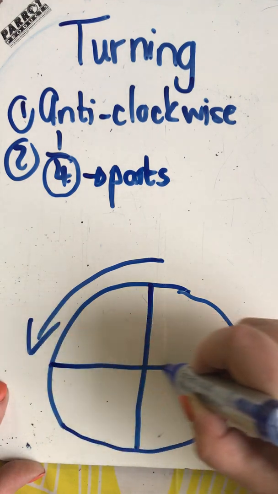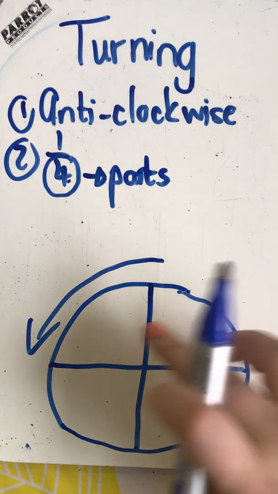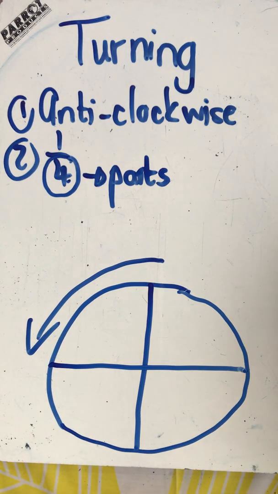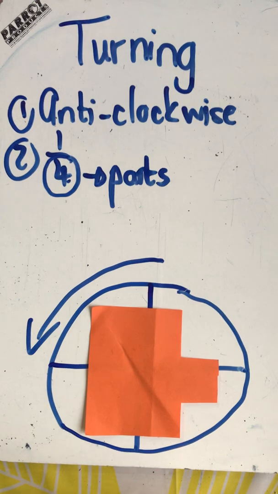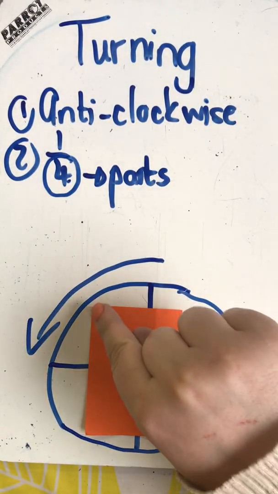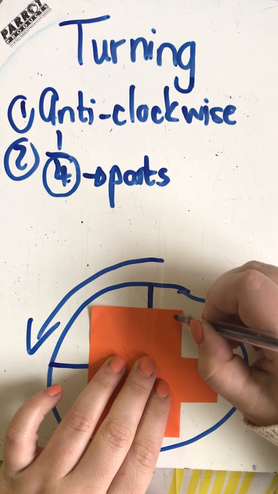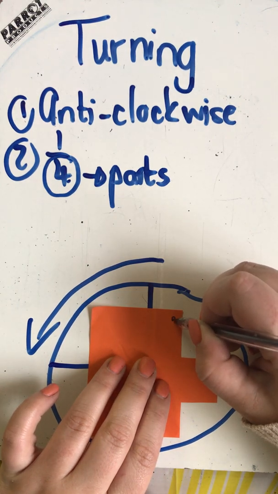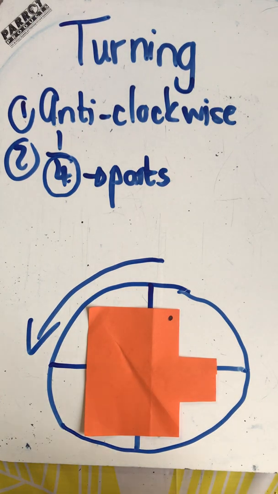So, 4 equal parts. So here it is. My shape in 4 parts. Now I put it back. Now, I would suggest, like you did with the moving where you chose a corner, I would suggest doing the same. So for example, let's say I decide on this corner, I'm just going to make a little dot there.